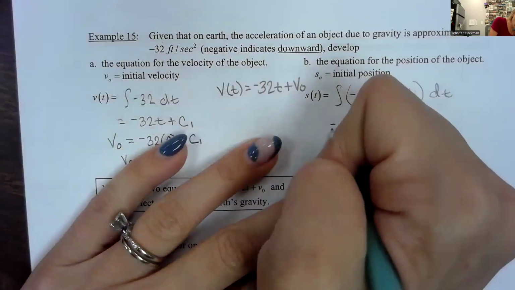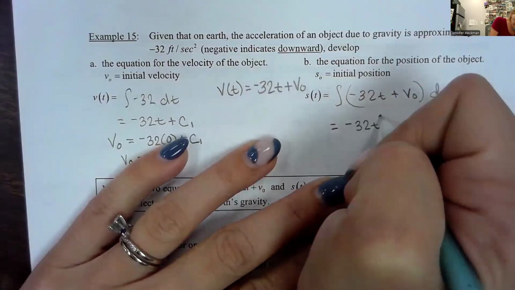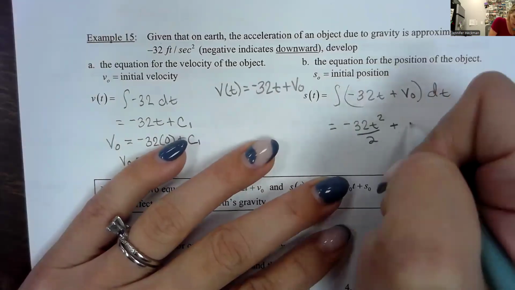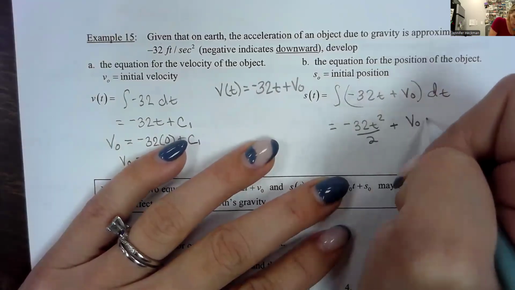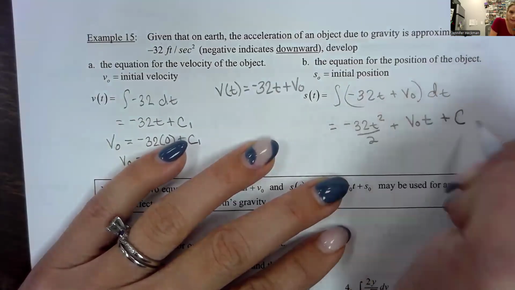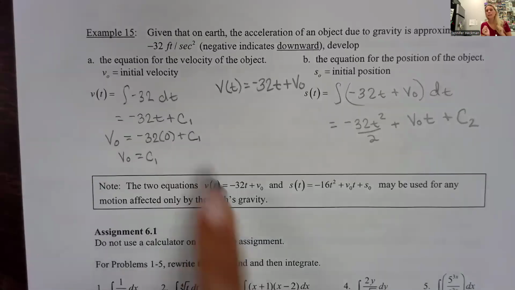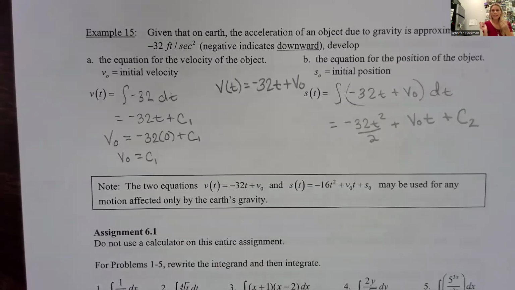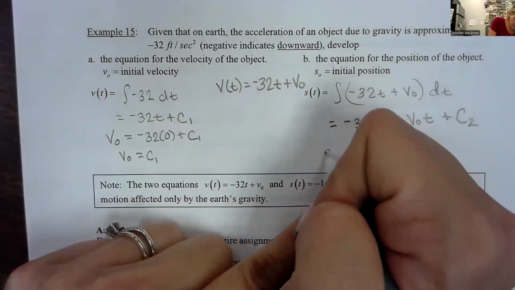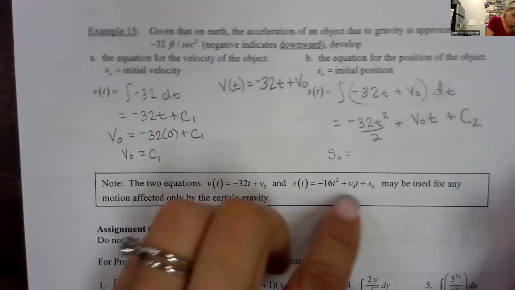So what we have right now, negative 32t, add 1 to the exponent, divide by that exponent, plus, this is a constant, so we have that, and we hook on a t. And then don't forget the plus c, but of course I'm going to label this as subset 2 since we already used this c over here. We know that when t is 0, we should get the initial position.